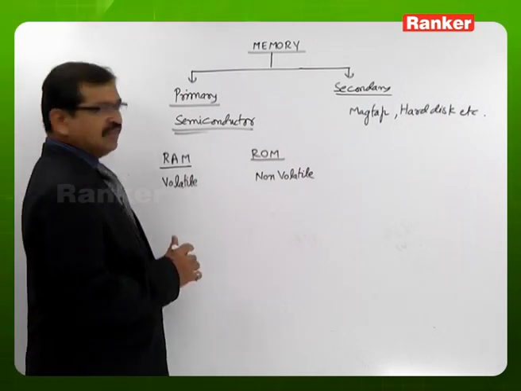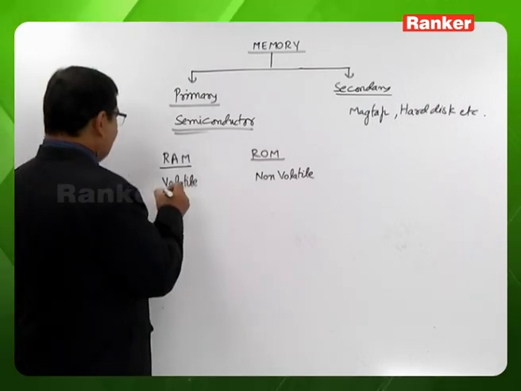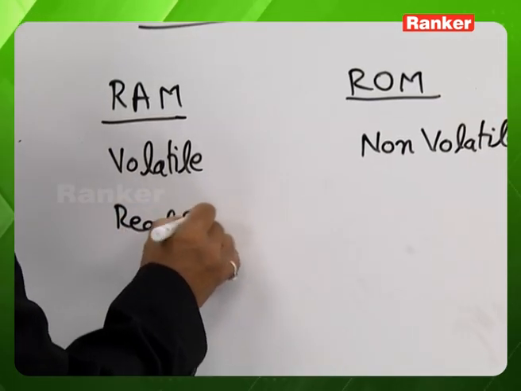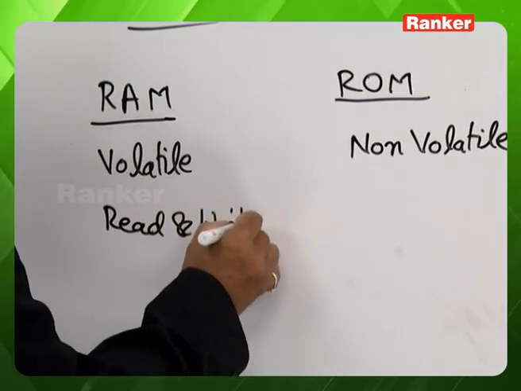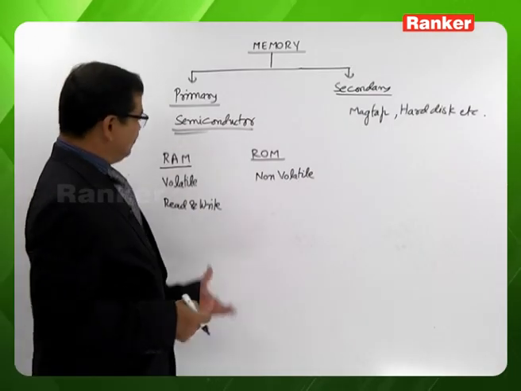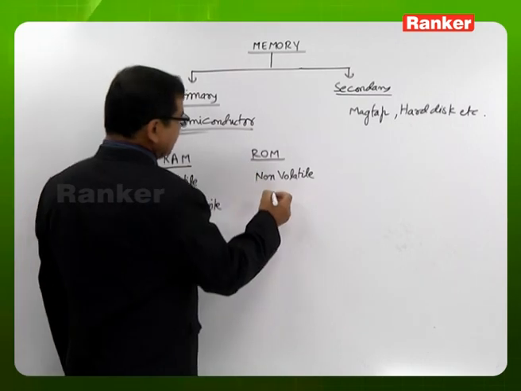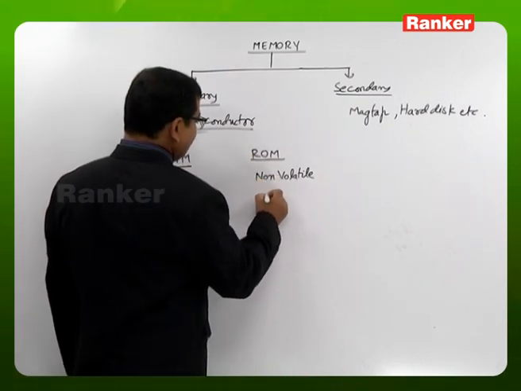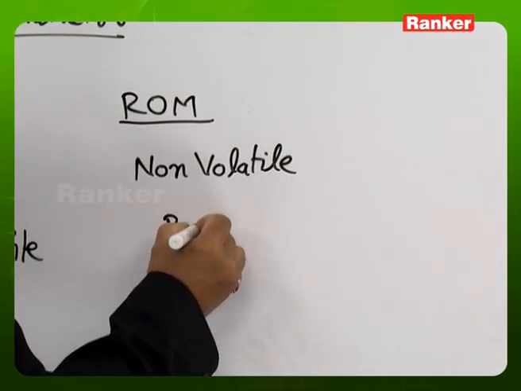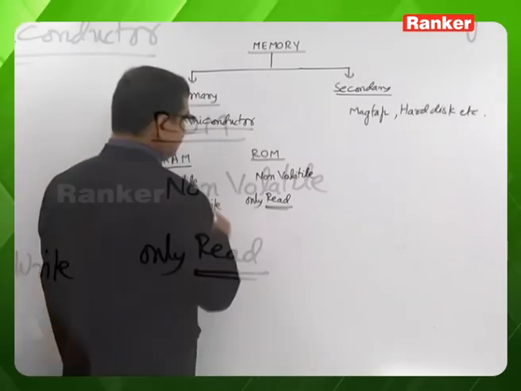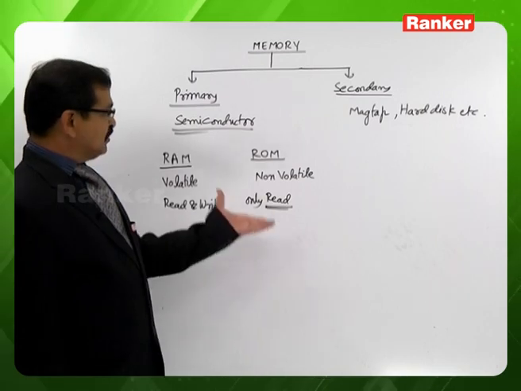In random access memory, both read and write operations are possible, so the user can write and read data. In read-only memory, the end user can only perform read operations; write operation is not possible.